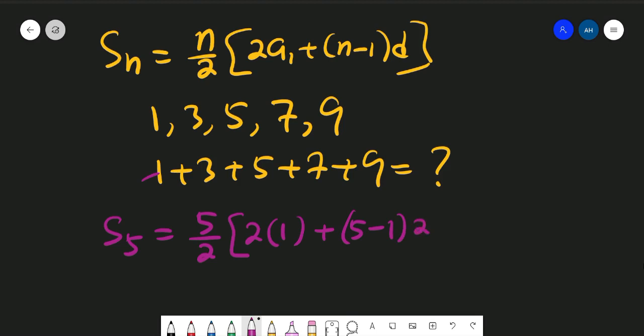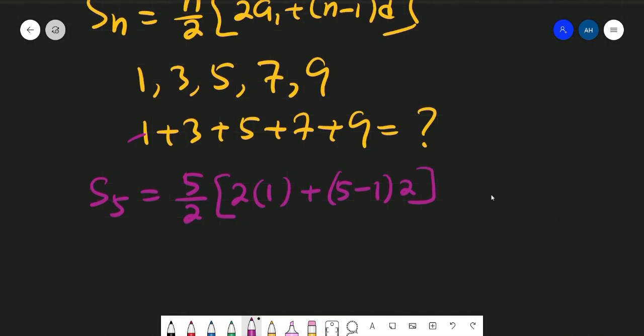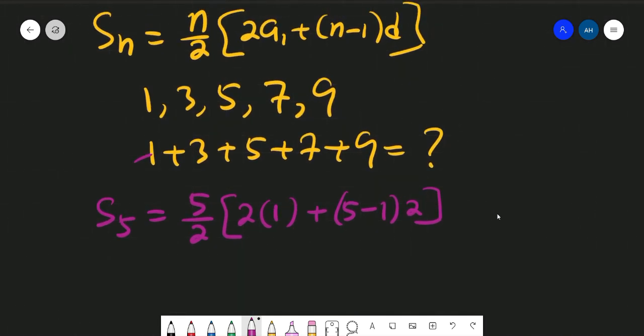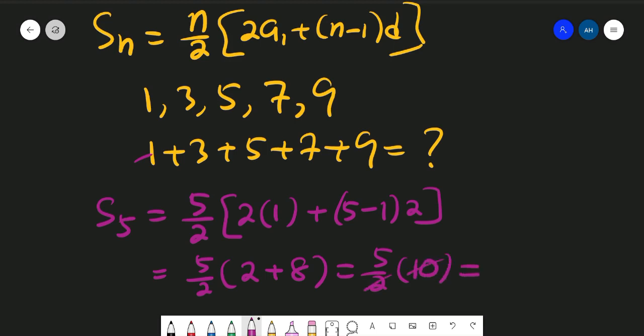D is equal to 2. Now let's simplify this. Equal to 5 over 2, we have 2 here, and there we have 4 times 2, that is 8. So we have 5 over 2 multiplied by 10. The answer is 25.